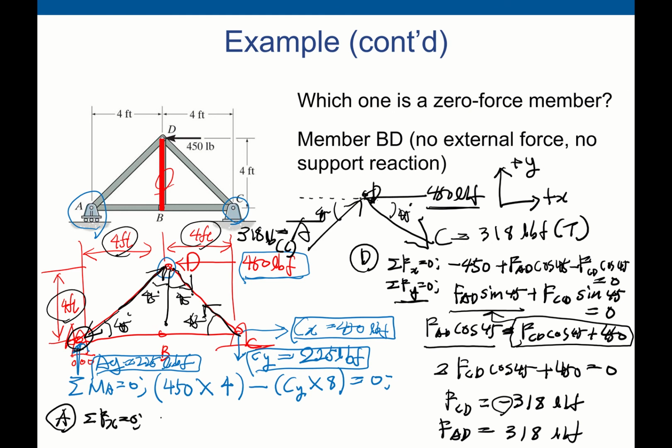So minus, AD is 318 pound force, so this is a negative sign. Minus 318 pound force times cosine 45 plus, we don't know, the FAB, this one should be equal to 0.